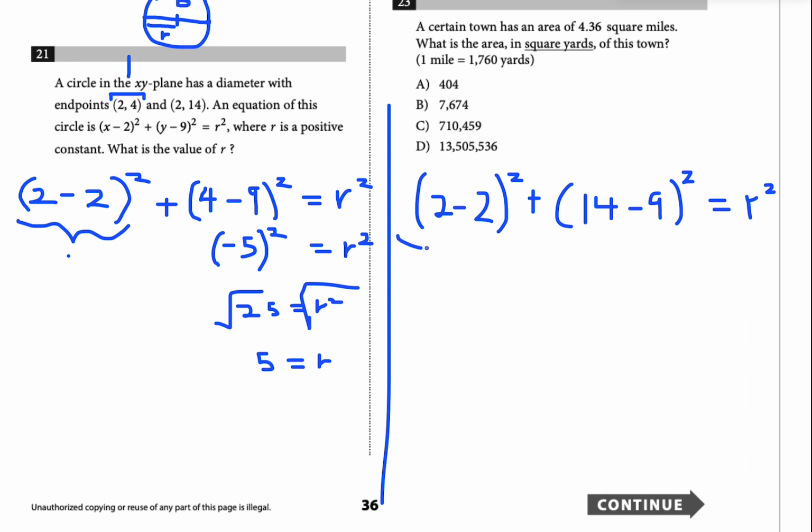Again, this part goes to 0 because 2 minus 2 is 0, squared is still 0. And then we have 14 minus 9, which gives us 5, and 5 squared is equal to r squared.